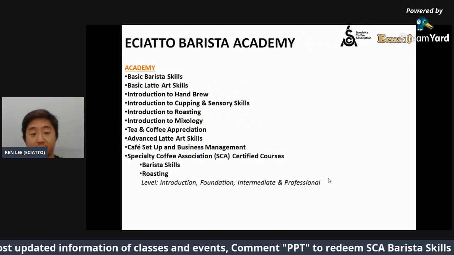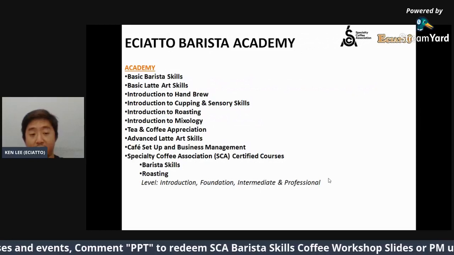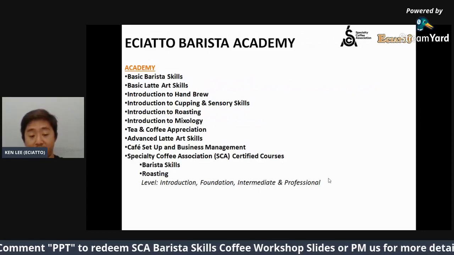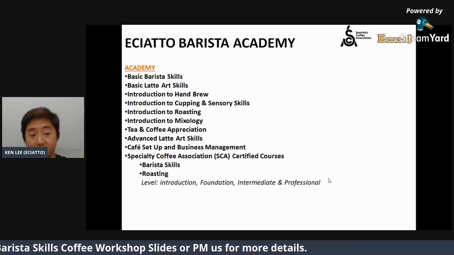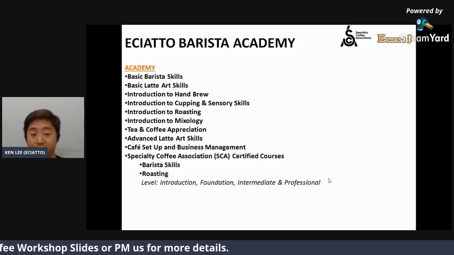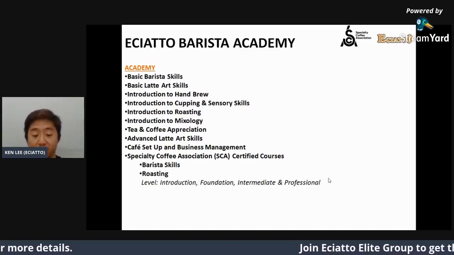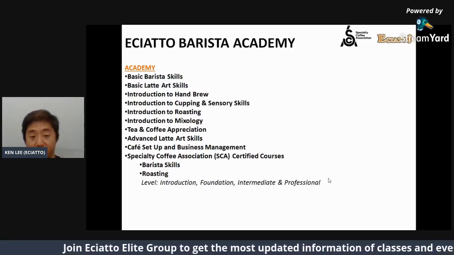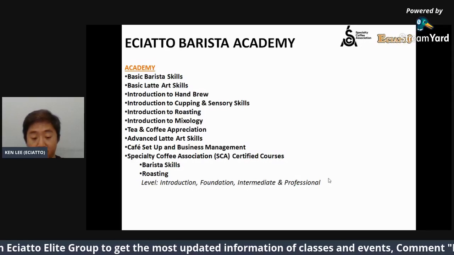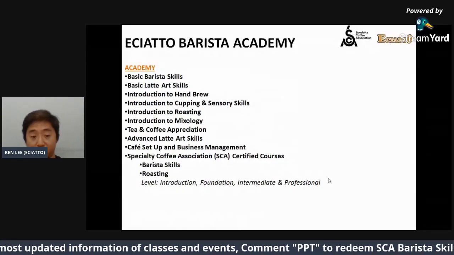This is some of the offline classes that we have gone through over the years, and we're still going on today. After the MCO, when we start back, we're going to have all of those scheduled. If you want to know what kind of classes or courses are going on, remember to go into our IGATO Elite groups and join, because we will have our updated courses and schedule over there.